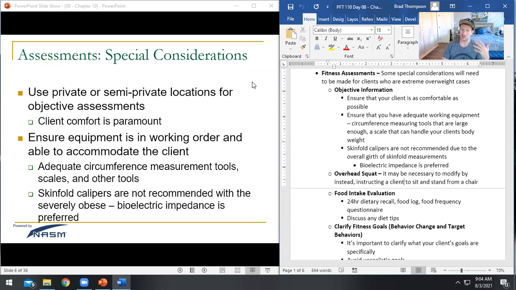This is important for pretty much every type of client, but it becomes a very important consideration for any client who may be overweight or obese, who's a little self-conscious about working on their weight. I don't know if you guys have ever made this realization, and it breaks my heart every time I hear someone say this, but I've heard it in my career since day one, consistently throughout.